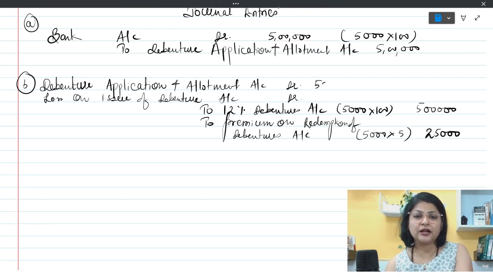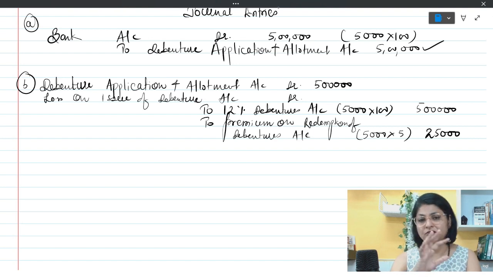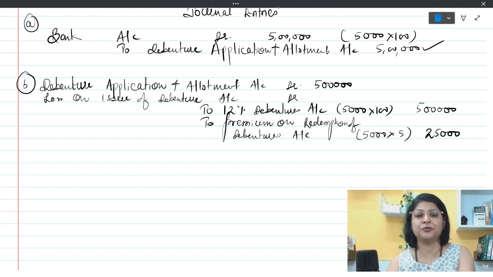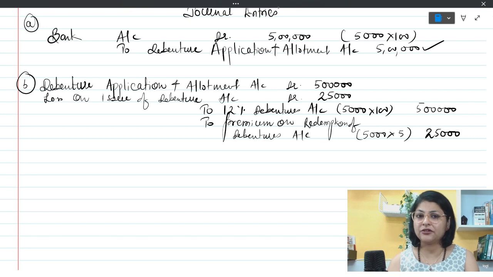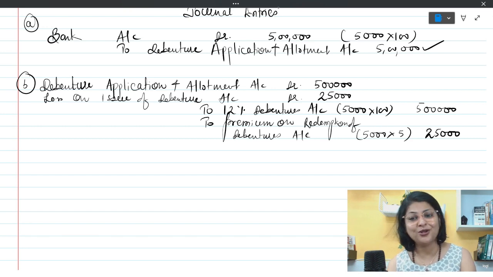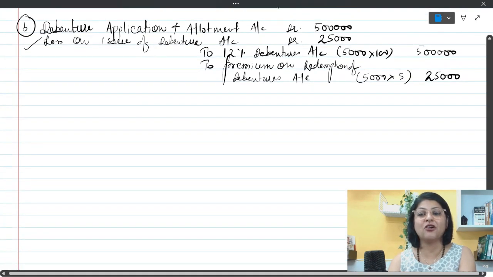Here also 5 lakh rupees, what we had credited with 5 lakhs will be debited also with 5 lakh rupees, and again 5,000 multiplied by 5, 25,000 is the loss. So this is our second entry with terms of redemption, but we all know by now that this loss on issue of debenture has to be closed or written off.